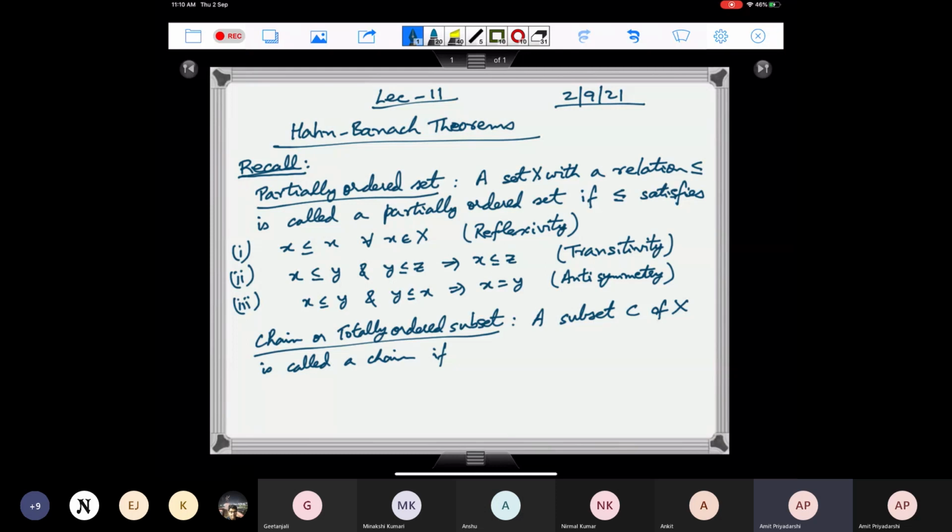So if A and B belong to C, then either A is less than equal to B or B is less than equal to A. Right, so this may not be true for a partially ordered set, but if there is a subset which satisfies this, then that set C is called a chain.